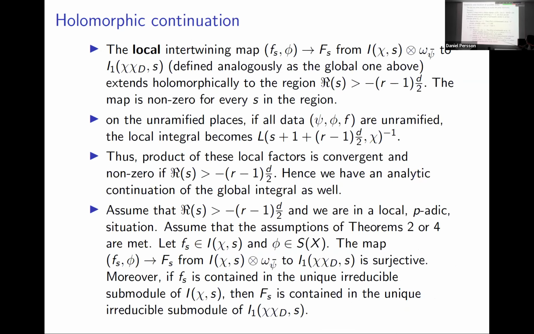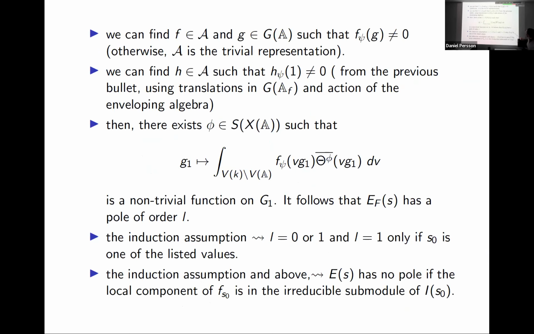You see what is happening. Namely, if you have a residual representation and it is not the trivial representation, then you can find F and G such that this coefficient is non-zero. And also using the action of the finite tables and enveloping algebra, you can shift G to 1.